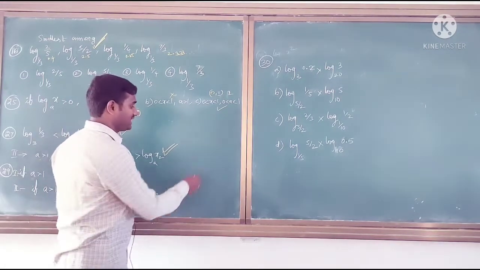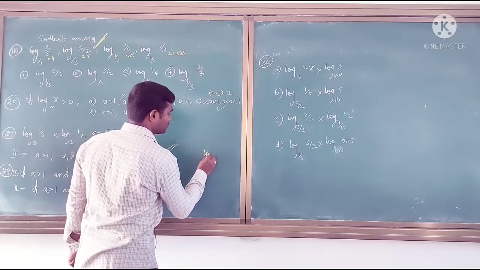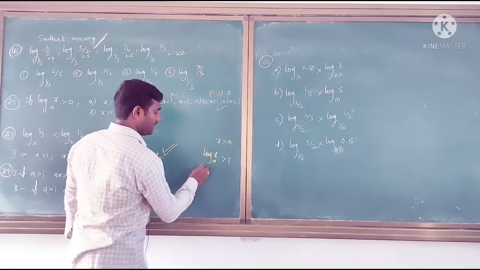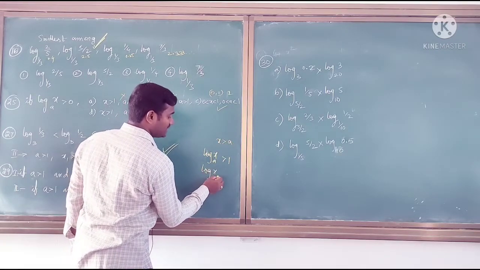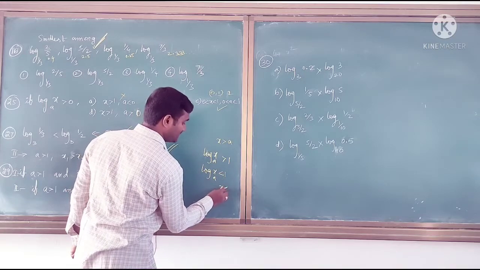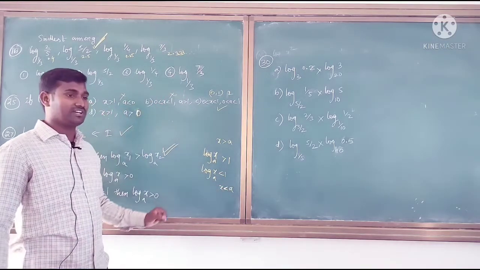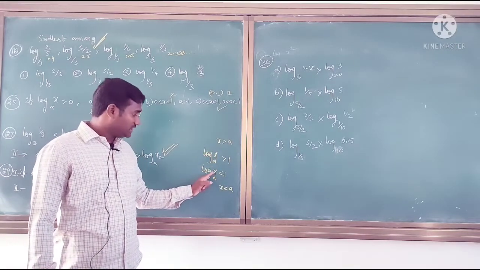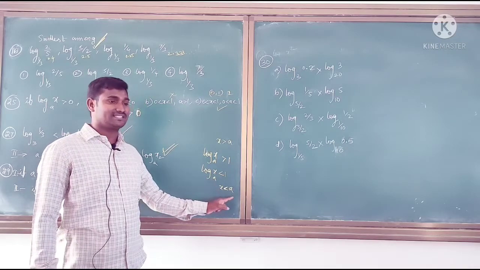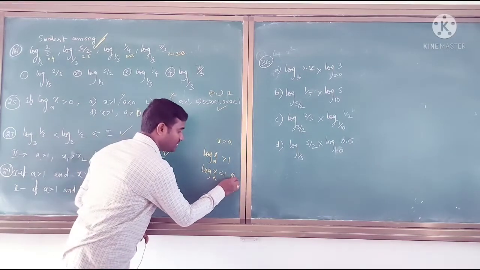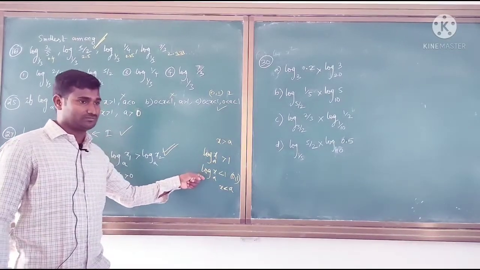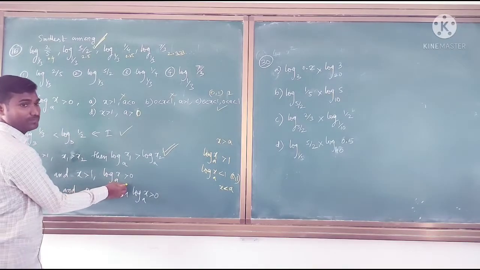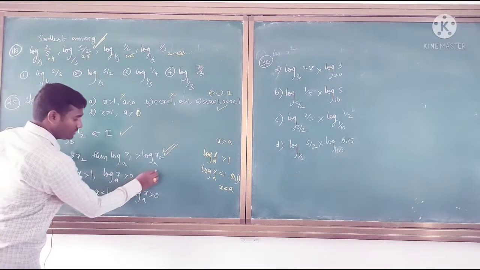Log x to the base A is greater than 1 if x is greater than A, and log x to the base A is less than 1 if x is less than A. Less than 1 means the value lies between 0 and 1, not less than 0. Lying between 0 and 1 means the value is positive only. So it is true.